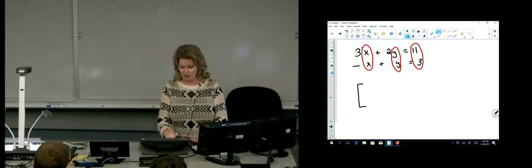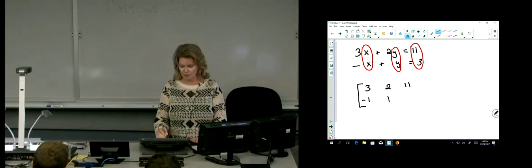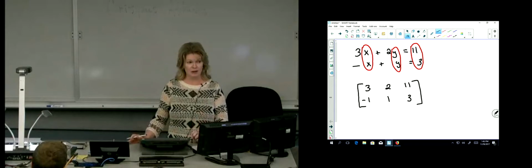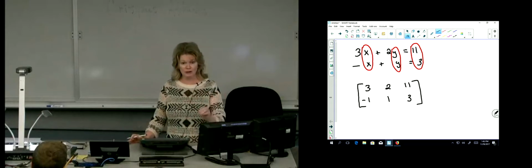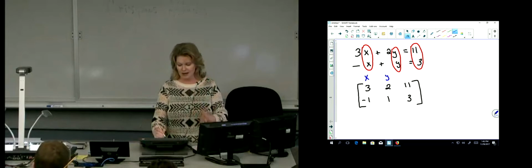So on the first row, I would have a 3, a 2, and then an 11. And on the second row, I would have a -1, a 1, and then a 3. Okay? So I've created a matrix. A matrix has rows and columns. The way this one is set up, this column represents my x's, this column represents my y's, and this column represents my constants.